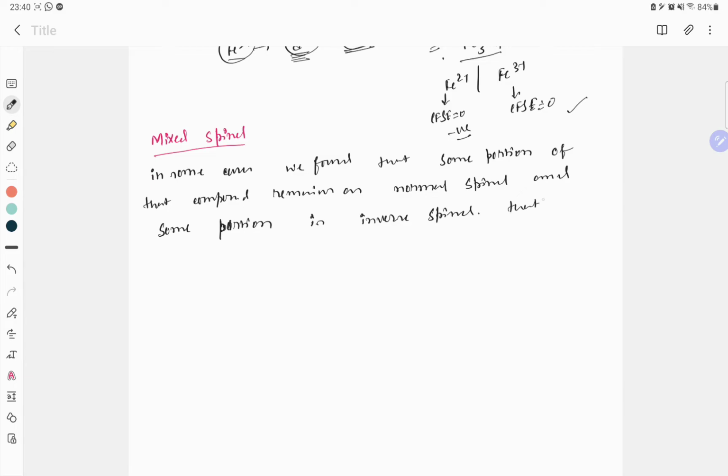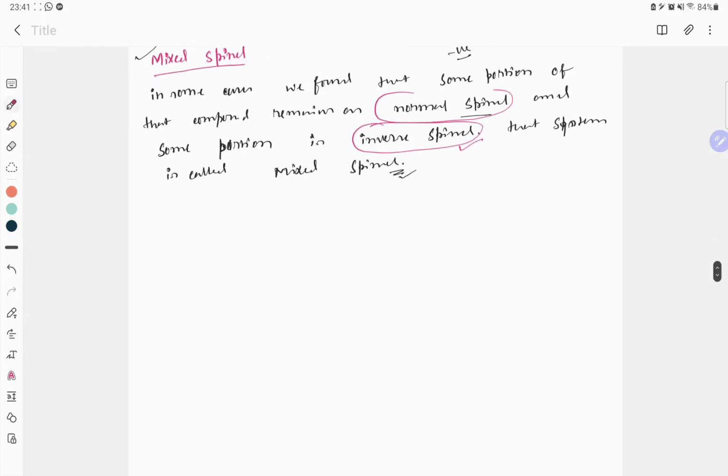That system is called a mixed spinel. So there is no particular type of spinel present there. There is a mix of normal spinel and inverse spinel, both present in the system. So this is called a mixed spinel.